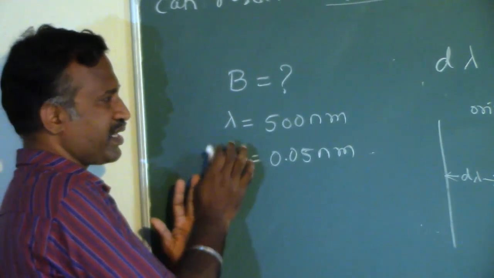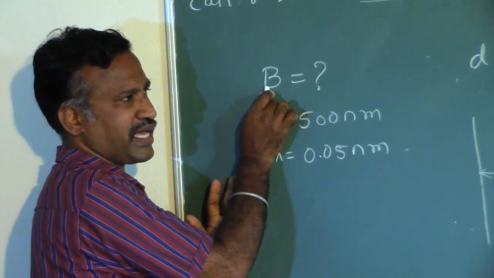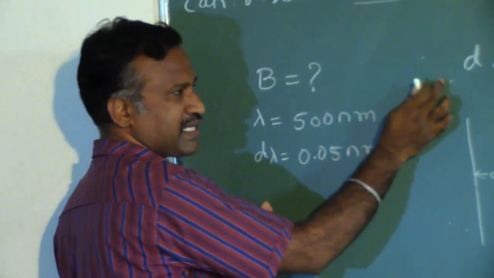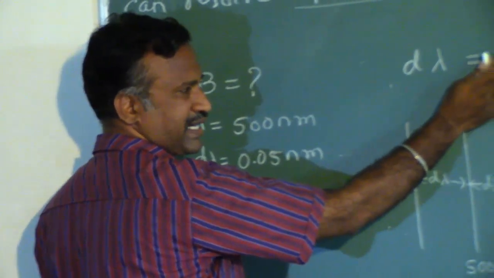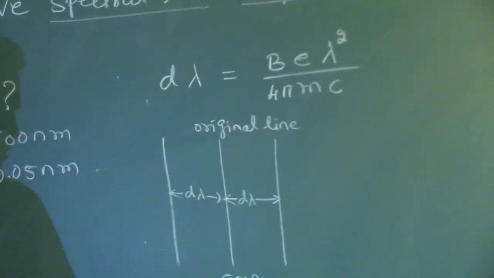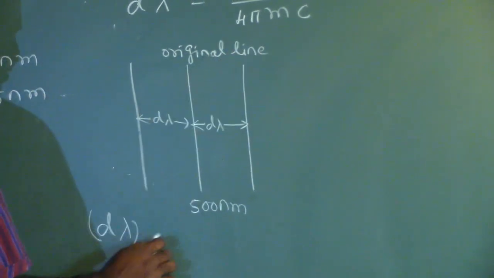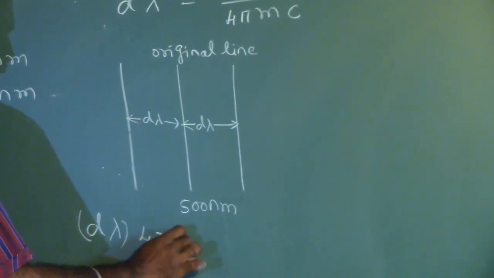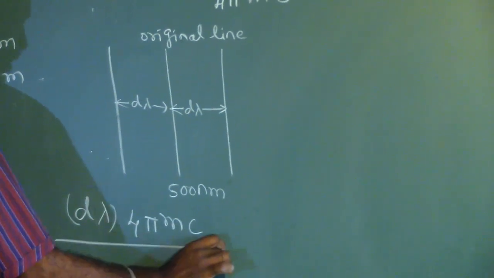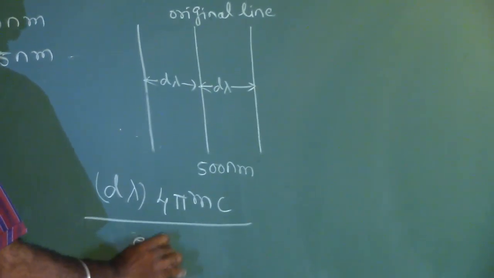Now what we need to calculate is the strength of the magnetic field, that is B. So rewrite this equation, keeping B on the right hand side and transferring the remaining terms to the left hand side, such that d lambda remains as it is. If I take this to the left hand side, it will be 4 pi m C divided by B into E into lambda square.